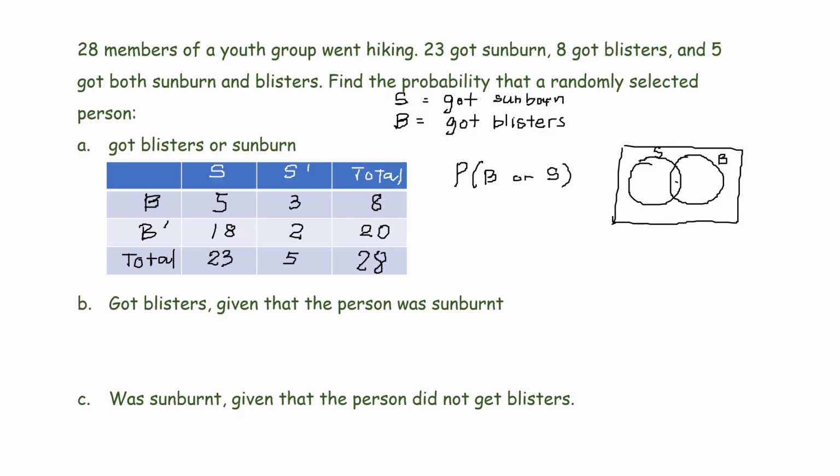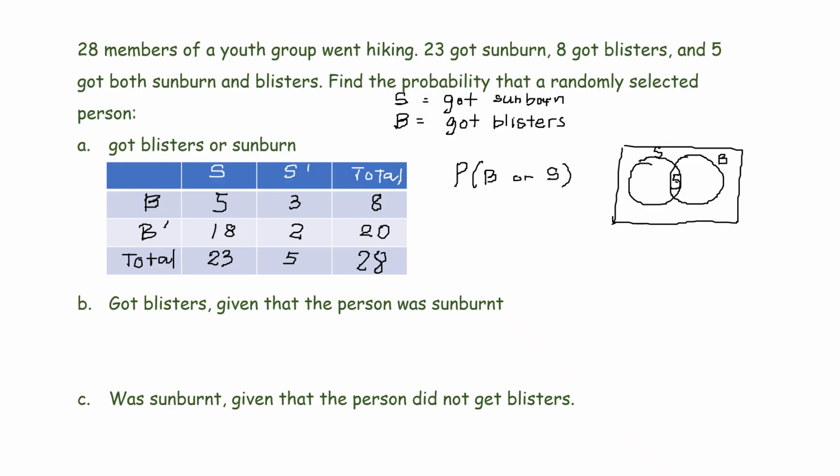This is the intersection, those people who got both blisters and sunburn, which is 5. Okay, where did we get that? From here, blisters and sunburn. And we have a total of 23 got sunburn, right? So 23.